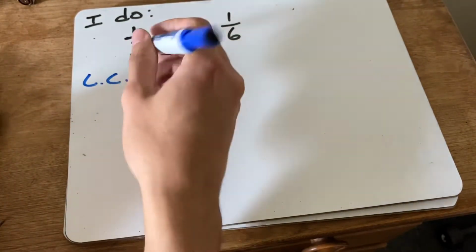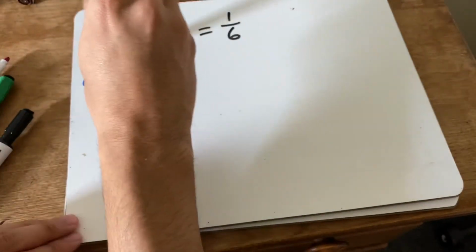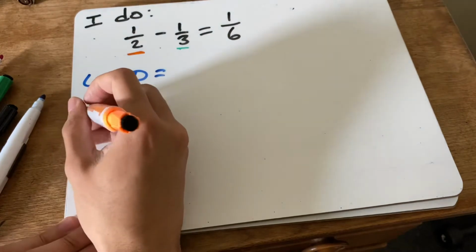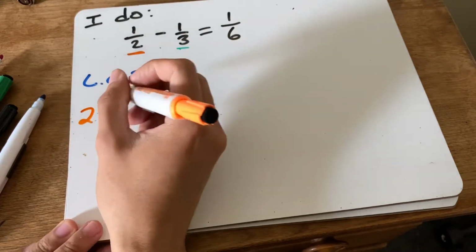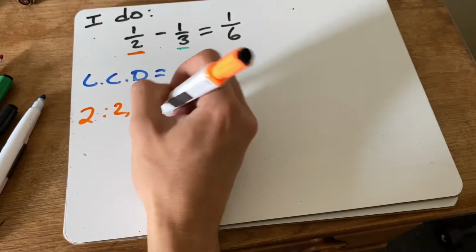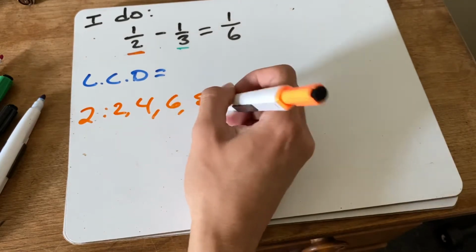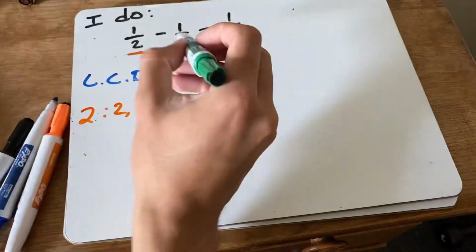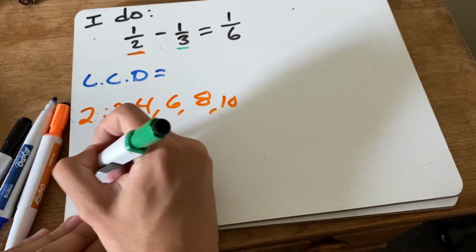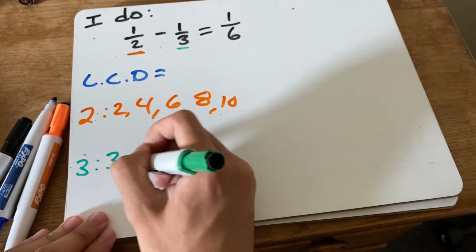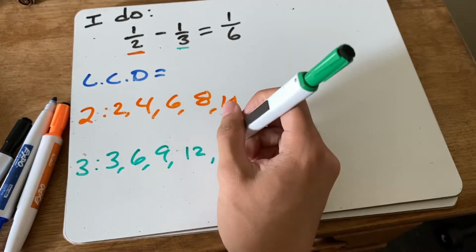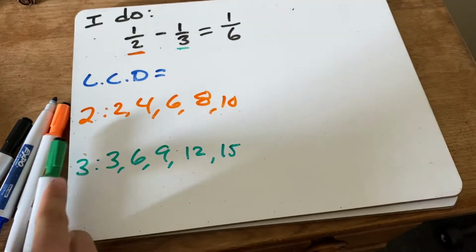So we'll start off with our 2. Actually, I'm going to do the 2 in orange. Start off with our 2. 2, 4, 6, 8, 10. And we'll go ahead and stop right there. Next up, let's do our 3. 3, 6, 9, 12, 15, and we'll stop right there.